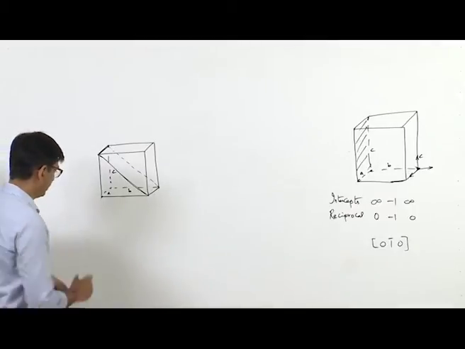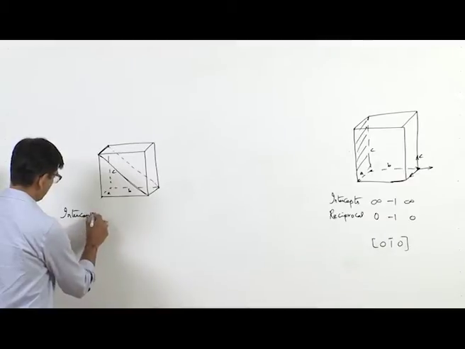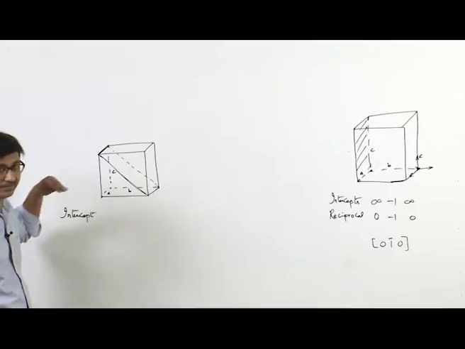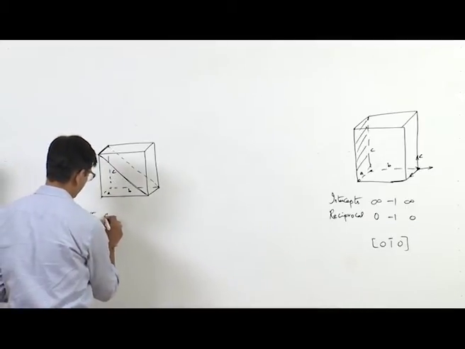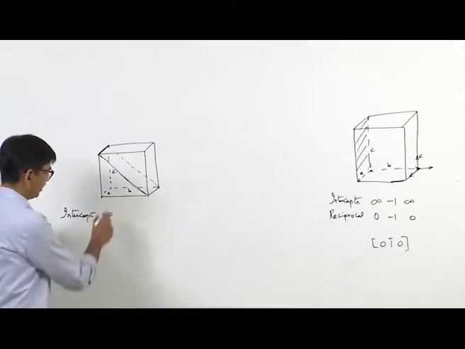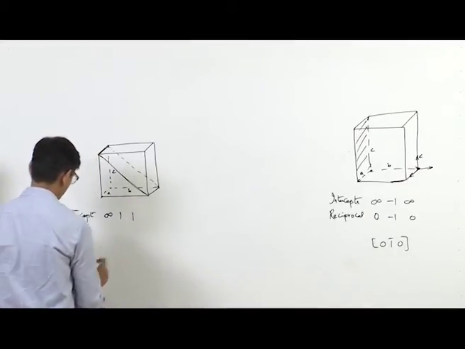Now again find out the intercepts. It is parallel to the A axis, so the intercept at A will be at infinity, it has an intercept of 1 in B, so 1, and an intercept of 1 in C, so again 1.